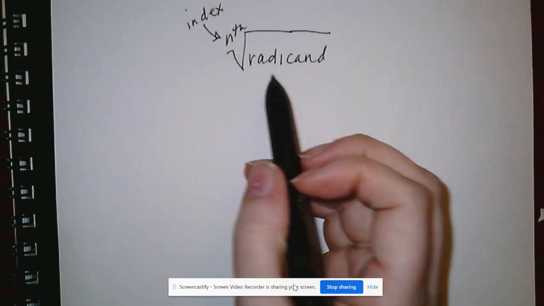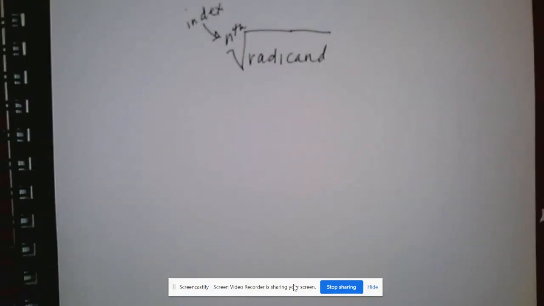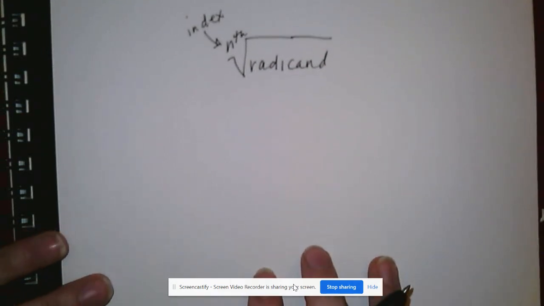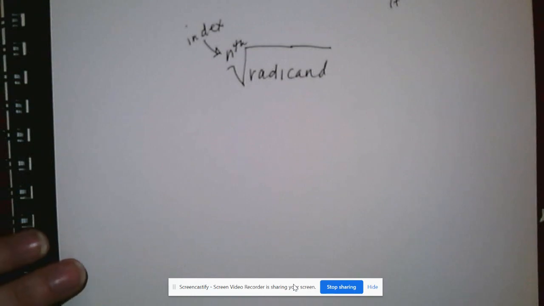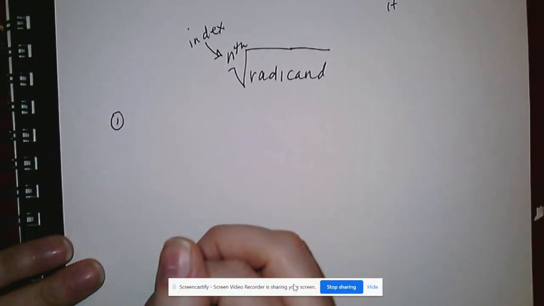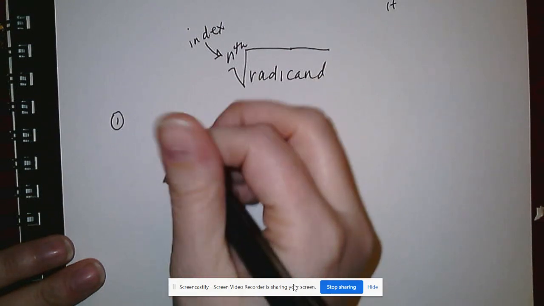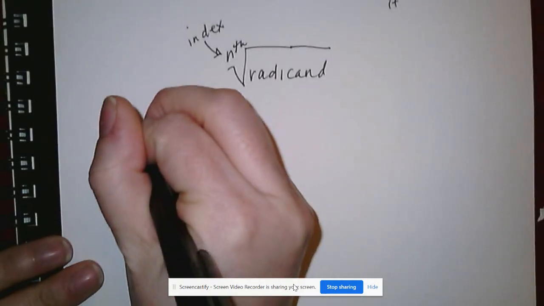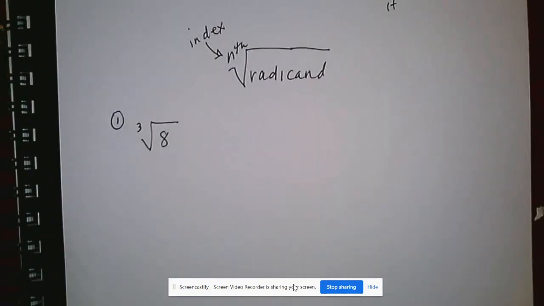So why am I telling you this? Because the first thing we're going to do in this video is evaluate radicals, and to do that, we're going to use Desmos. The first problem, so write this down, is the cube root of 8.